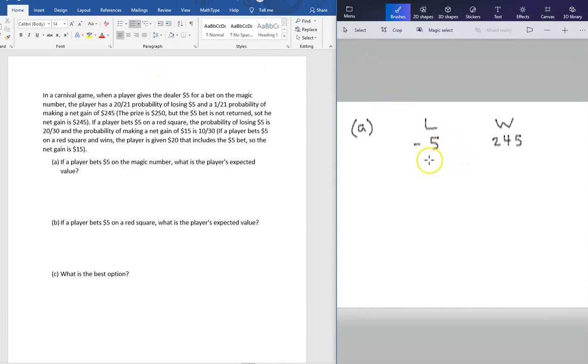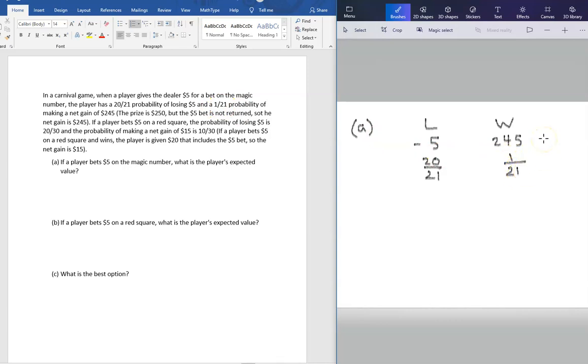Then you need to put the probabilities right underneath. Well, it said the player had a 20/21 probability of losing the $5. So right under the -5, I'm putting that 20/21. And the probability of winning was 1/21.